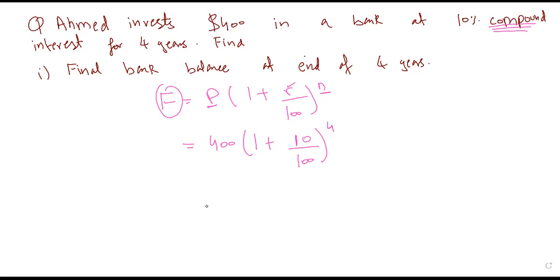Now n is 4, R is 10, initial amount is 400. So what is the answer?